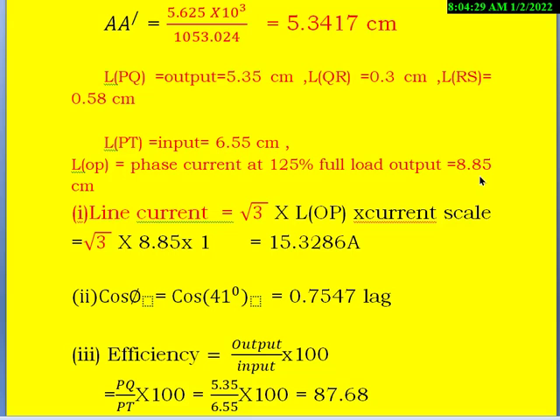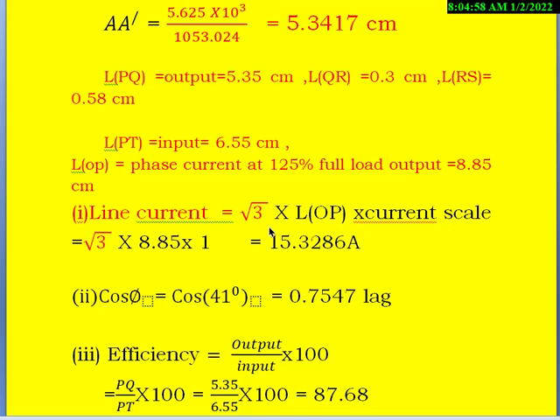So having known all these distances, now we can calculate the line current, which is to be calculated for this problem. For a delta connected system, line current is root 3 times the phase current. From the circle diagram, the phase current is represented by OP, so it is root 3 into the length of OP into the current scale.